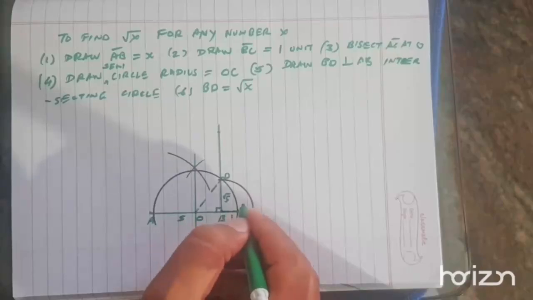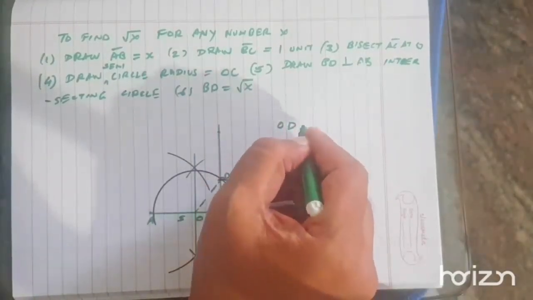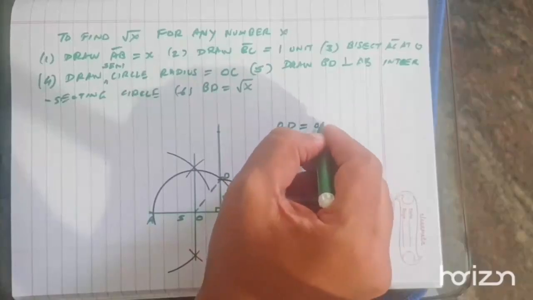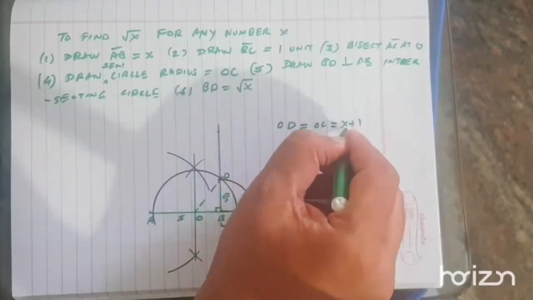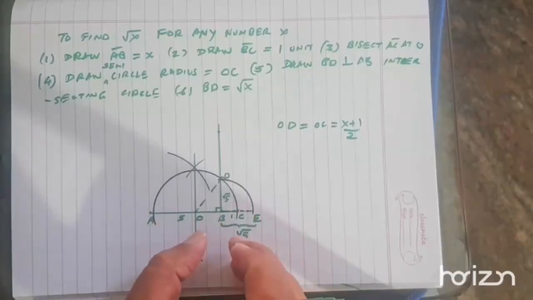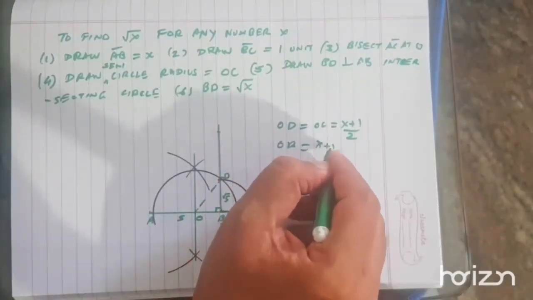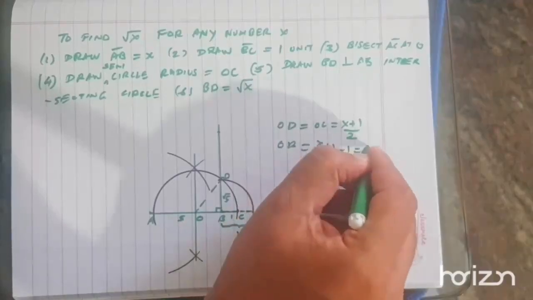And to prove that BD is actually square root of x, we know that OD and OC are equal to x plus 1 by 2, because that's how we constructed it by bisecting AC, and OB is nothing but OD or OC minus 1, that is x minus 1 by 2.